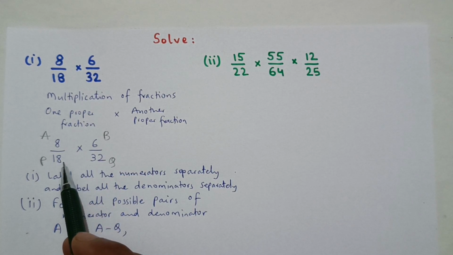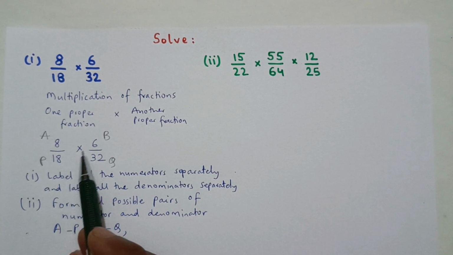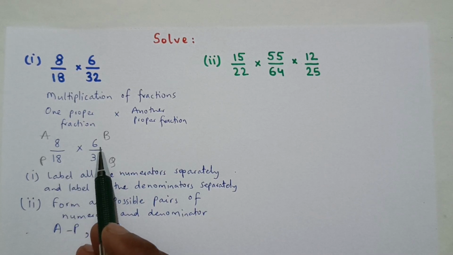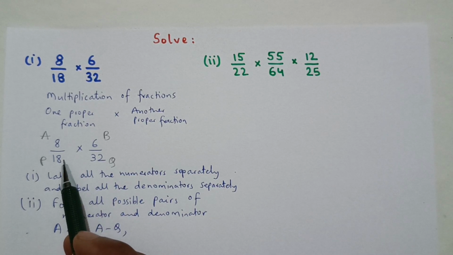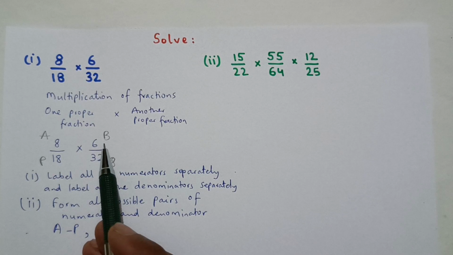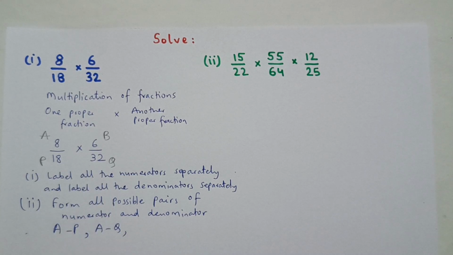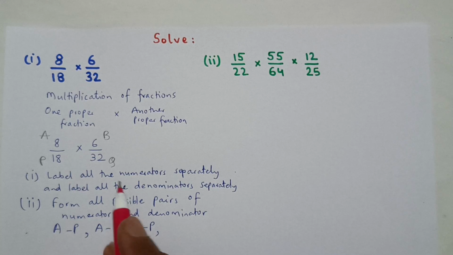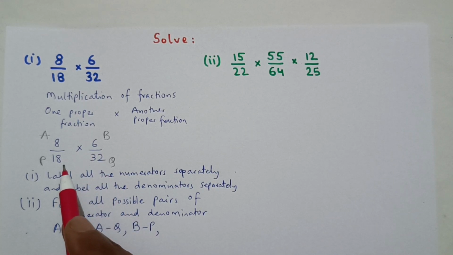Then 6 and 18 is another pair of numerator and denominator. So BP is a pair of numerator and denominator.